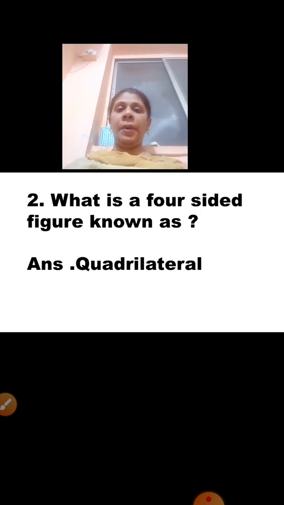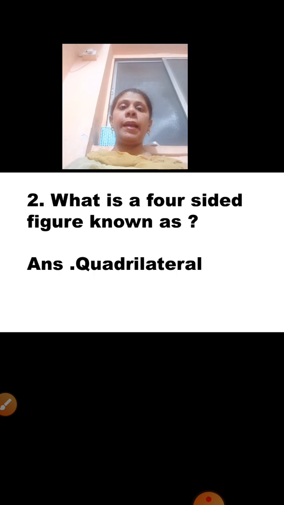Quadrilateral. Now repeat the spelling of quadrilateral. You have to learn this spelling and you have to write the spelling 5 times. Okay? In the previous session also we have learned this spelling and we have revised it.